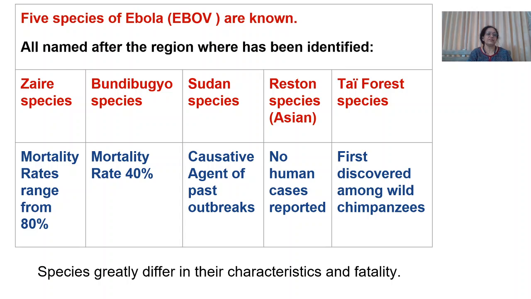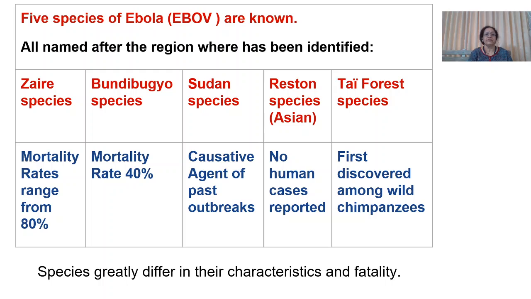About the Zaire species, here the fatality rate, the mortality rate, is observed up to 80%. While in case of the second species, that is Bundibugyo species, the mortality rate is observed up to 40%.